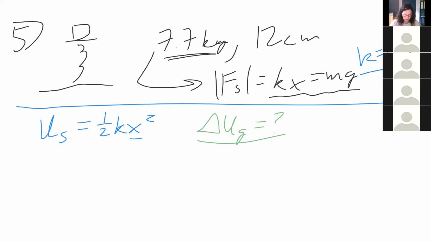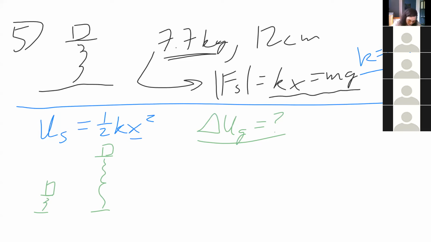As we've done previously, we can equate our initial energies to our final energies. What's going on with our initial energy? Initially, the spring is compressed quite a bit, and then sometime later, the spring is stretched out and the block has moved up to some height.